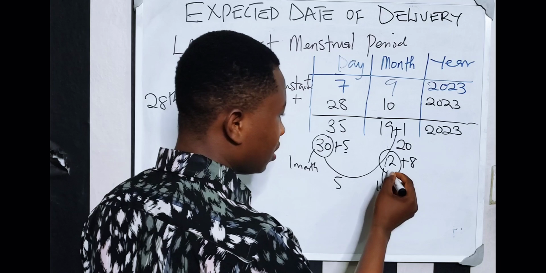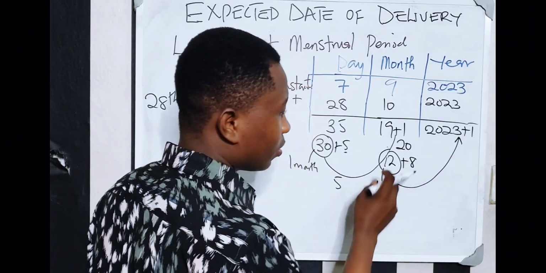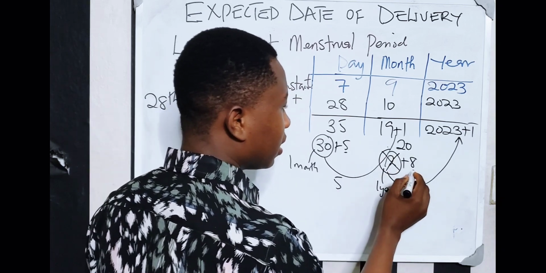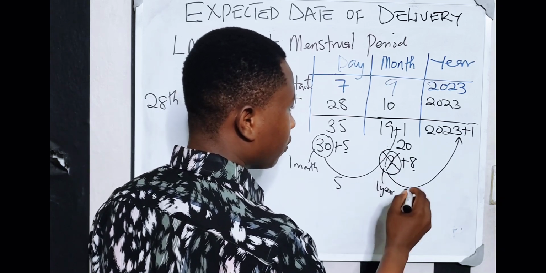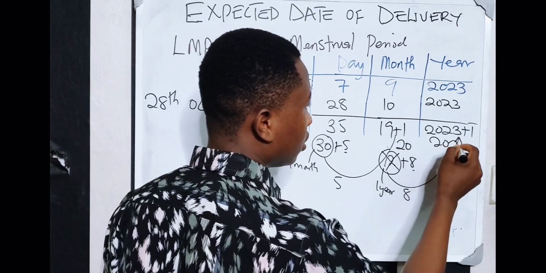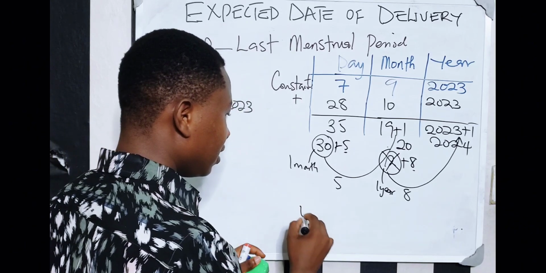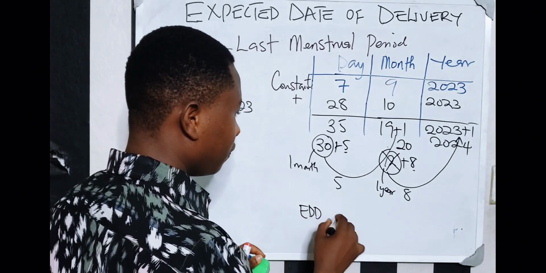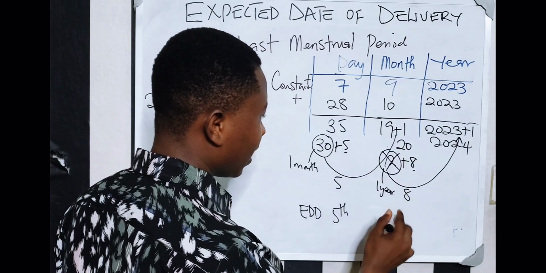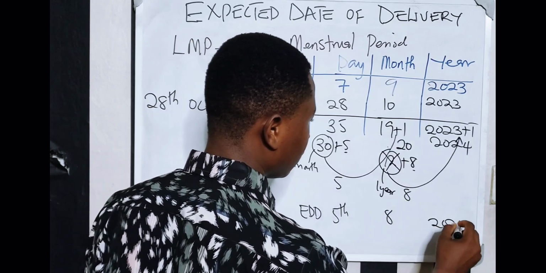So we're going to send this as a year to the year column. So plus 1. So we do not need this one. This one is off. So we only need this 8. So the 8 will come down. This 2023, when you add 1 year, is going to be 2024. Okay? So now your EDD, expected date of delivery, will be 5th of 8th of 2024.